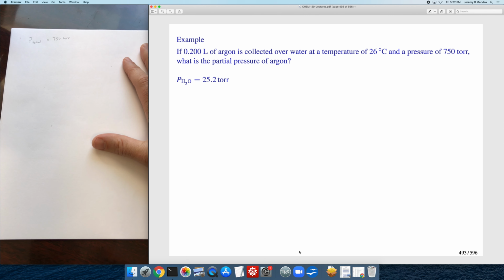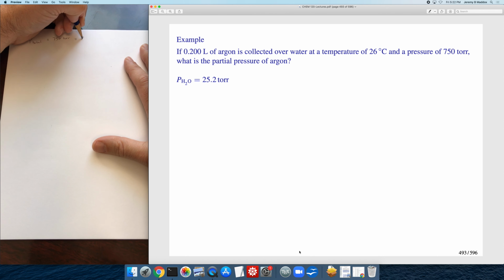And if you look up the vapor pressure of water at this temperature, you'll find that it's 25.2 torr. So this total, the 750 torr, is the partial pressure of the argon plus the partial pressure of the water. And so to get the partial pressure of the argon, we're going to take the 750 torr and subtract off the 25.2 torr for the water vapor.